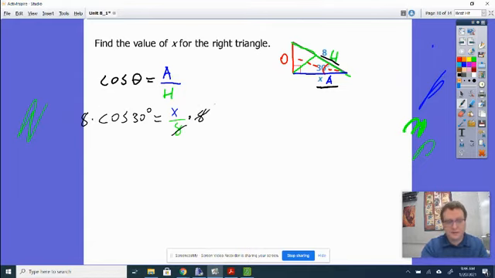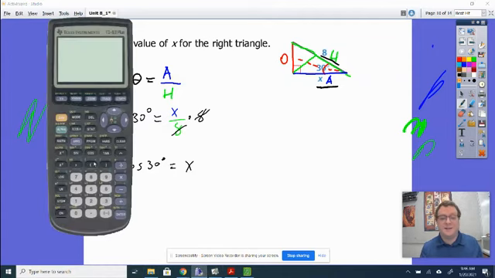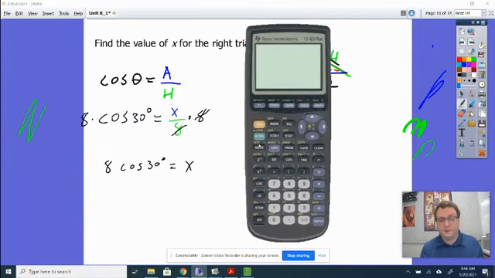These 8s are going to cancel. I'm going to be left with 8 cosine of 30 degrees equals x. Well, that's really nice. X is by itself already. I just need to put this in the calculator. So this, admittedly, is the easier scenario. We'll look at another scenario later, but it's not too much more.